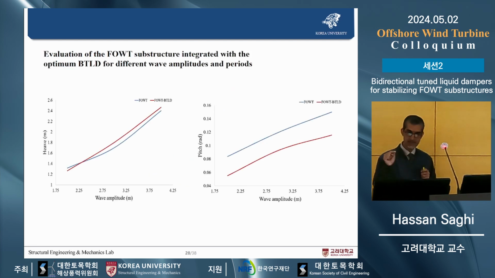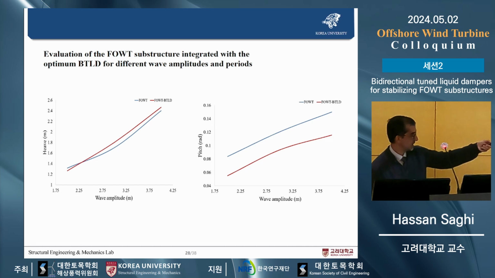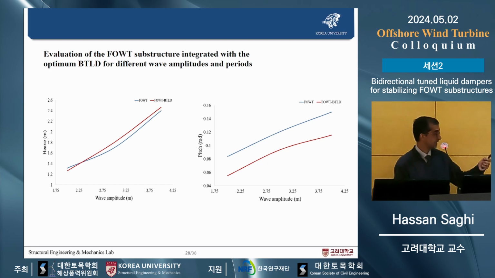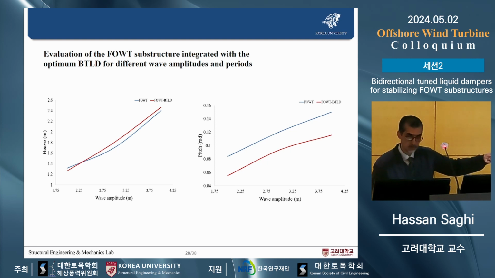Okay, after finding the optimum geometry and BTLD, here you can see we modeled the suggested case for different wave amplitudes. In these figures, the x-axis is the wave amplitude and the vertical axis is heave and pitch. I have to explain, FOWT is the original floating offshore wind turbine.